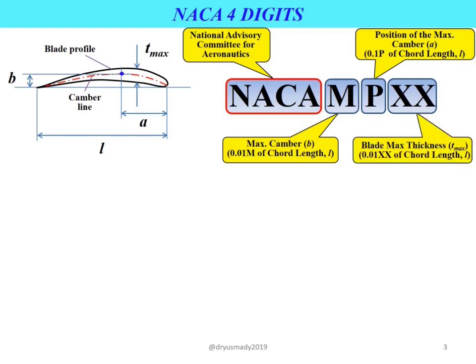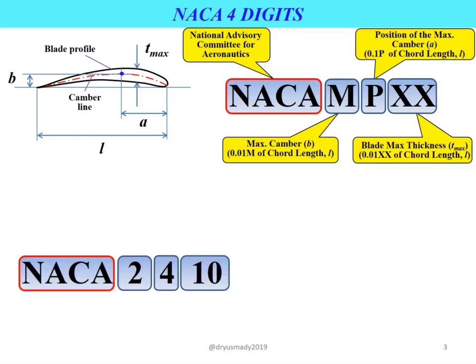The last term is the XX code. This represents the maximum blade thickness, where T max equals 0.01 XX multiplied by chord length.